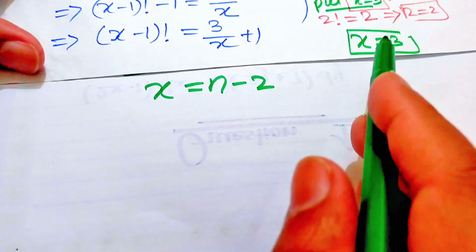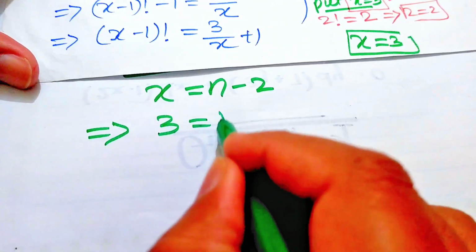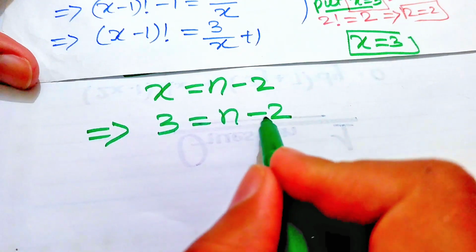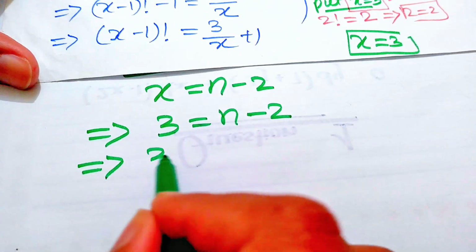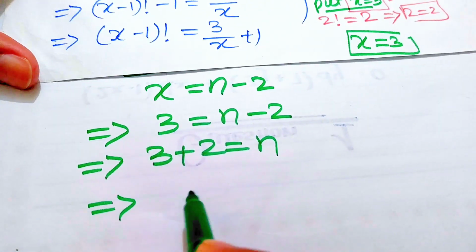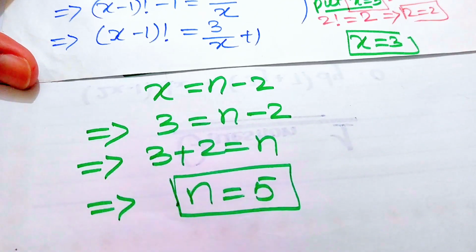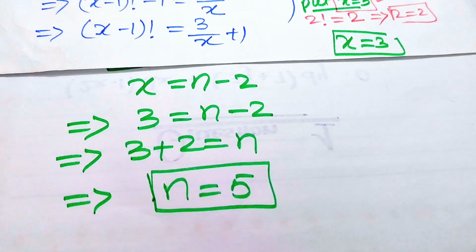So now we substitute this value of x here, and it becomes 3 equals n minus 2, and we move this minus 2 to the left hand side. It becomes 3 plus 2 equals n, and we get the value n equals 5. So n equals 5 is the final solution of the given question.